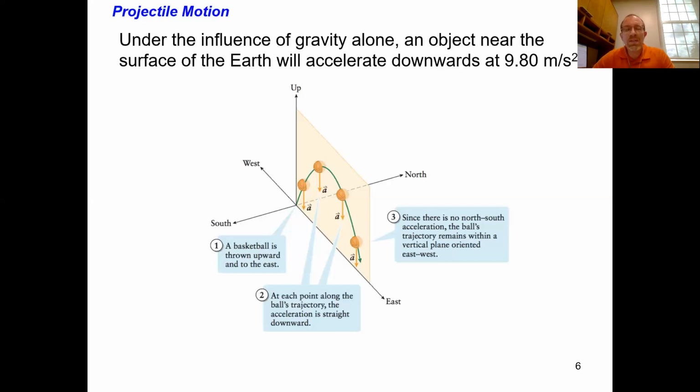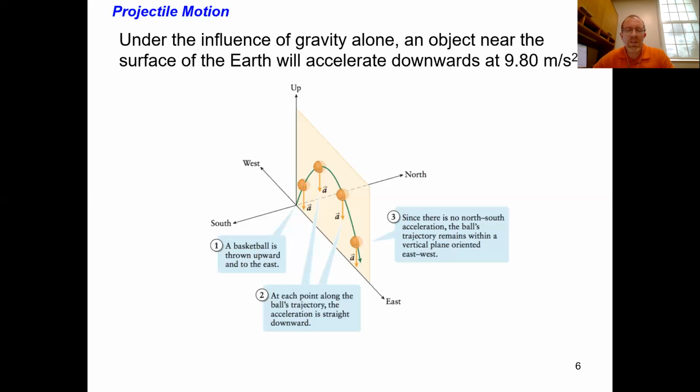If that's the case, there's no acceleration in the x direction at all once the ball is in the air, or once the dart leaves the gun, or whatever. Once the diver jumps off the board, there's no acceleration in the x direction. All the acceleration is in the y direction.